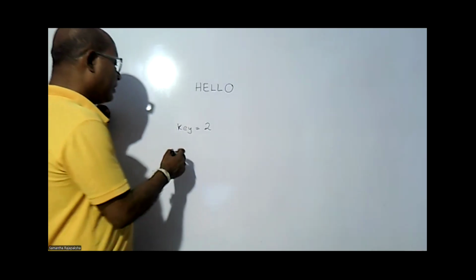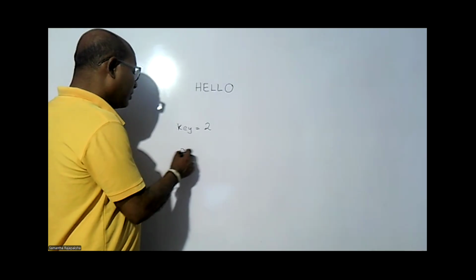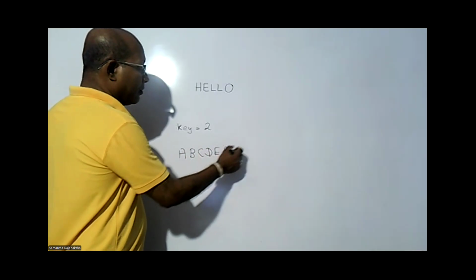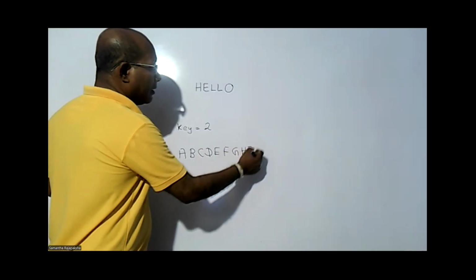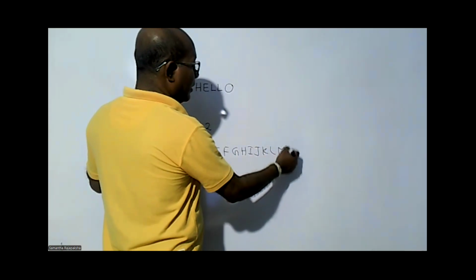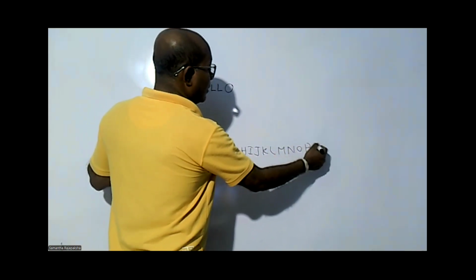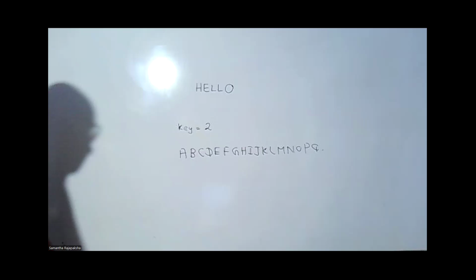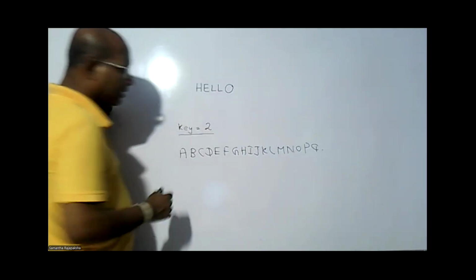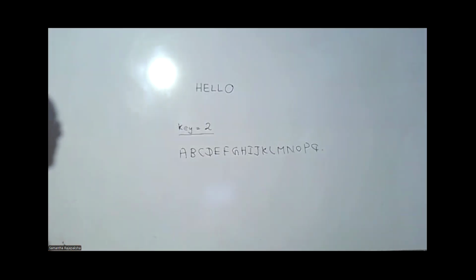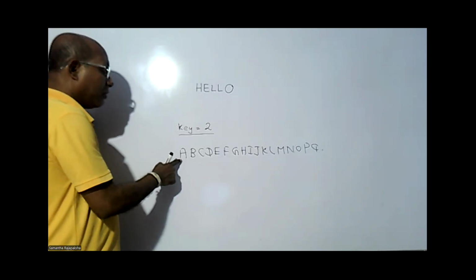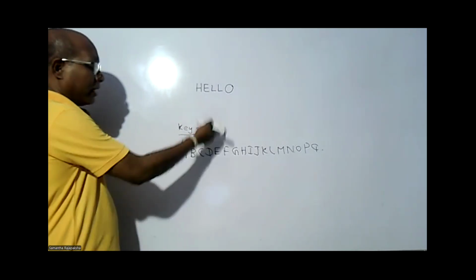The alphabetical characters here are A, B, C, D, E, F, G, H, I, J, K, L, M, N, O, P, Q, like that. The key equal to 2 means you take plus 2. The meaning is I'm shifting each character by 2 characters.